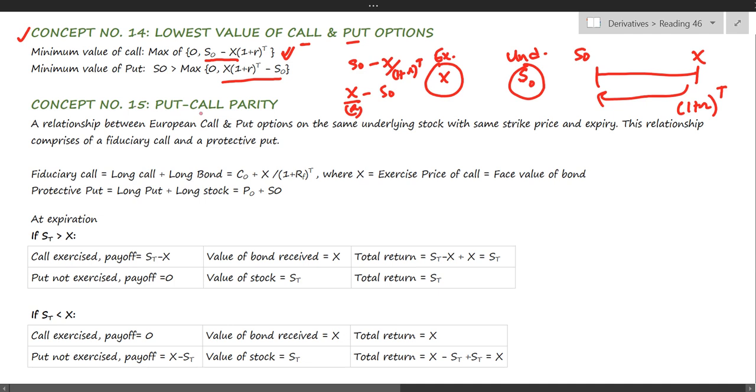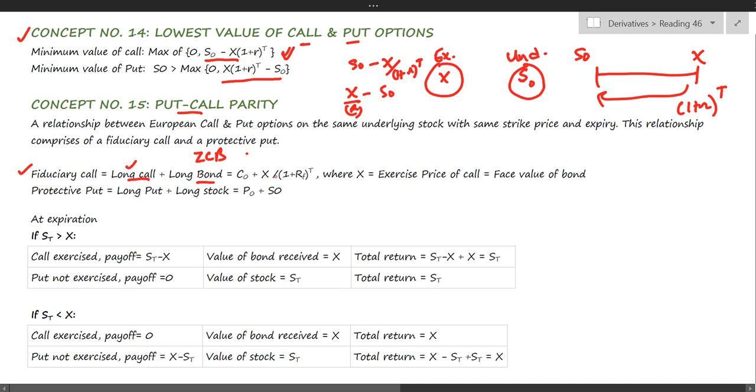Concept number 15, put call parity. This is the relationship between put option and call option. So for this, we have to understand what is fiduciary call. This is a long call combined with a bond when you go long. That means you have invested your money in a zero coupon bond and the face value of this bond is equal to the exercise price on the call.